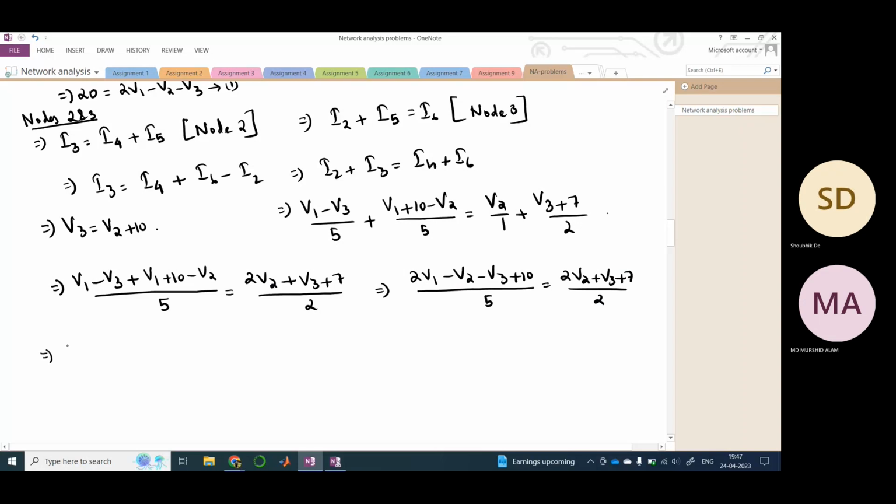Now just take this to the other side: 4V1, 2V2, 2V3 plus 20; 10V2, 5V3 plus 35. Right.